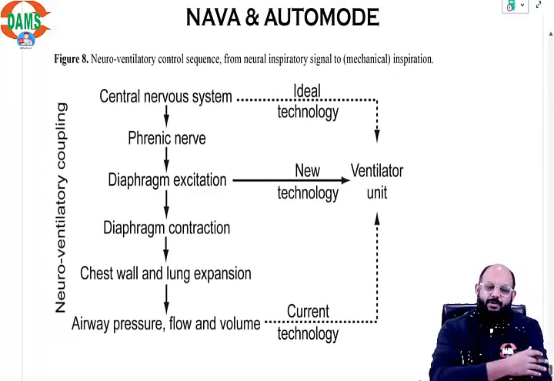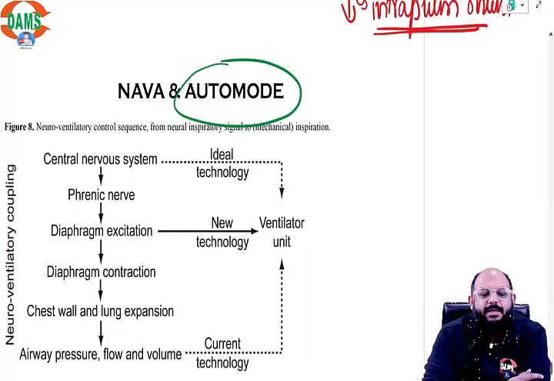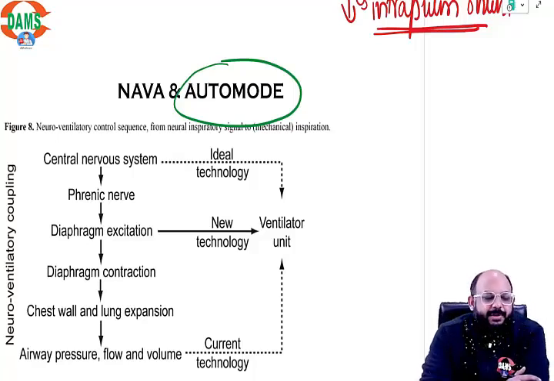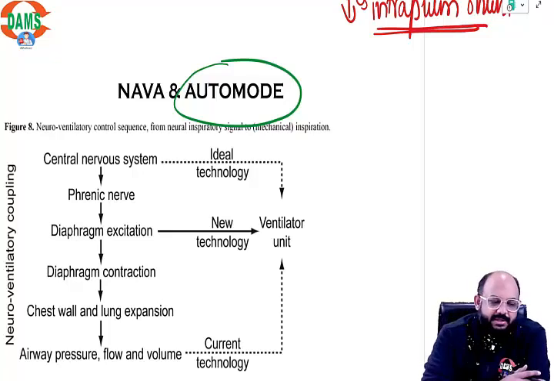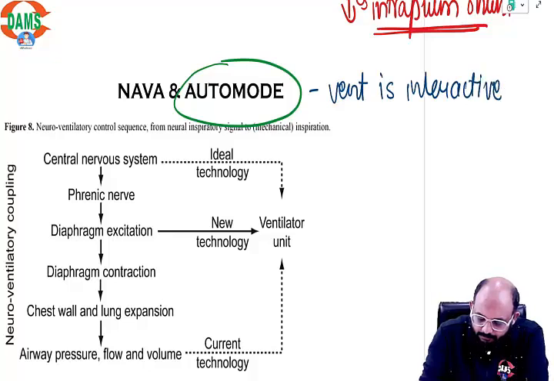And these are again theoretical modes. Auto mode, the name is only telling you auto mode is a completely controlled mode of ventilation. Again, a closed loop ventilation where the ventilator is interactive with the patient's needs.